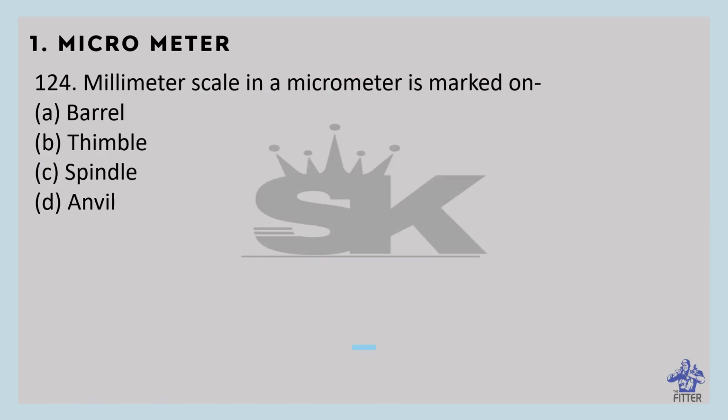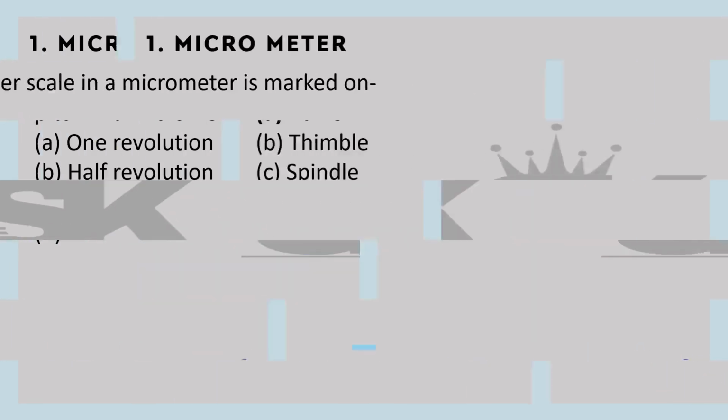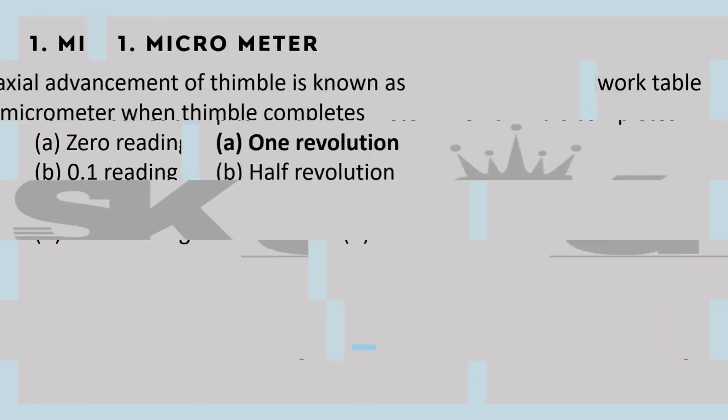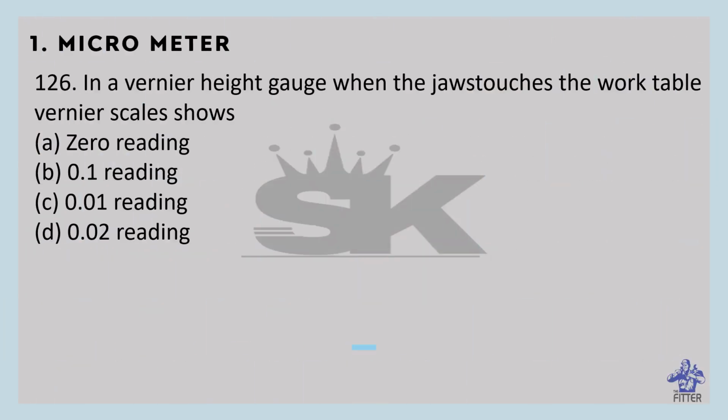The millimeter scale in a micrometer is marked on the barrel. The axial advancement of the thimble when the thimble completes one revolution is known as the pitch, option A. In a vernier height gauge, when the jaws touch the work table, the vernier scale shows a 0 reading.